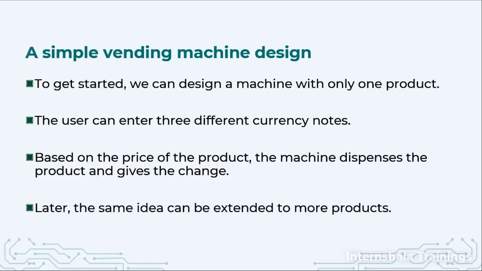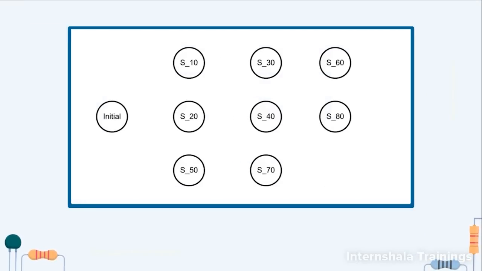Later, we can extend this idea, we can add more products, we can add support for more currency notes and all the available options. So here we have one such design. We are designing a vending machine that is going to dispense a product whose price is 40 rupees, and this machine can accept only 3 currency notes: 10 rupees, 20 rupees and 50 rupees.